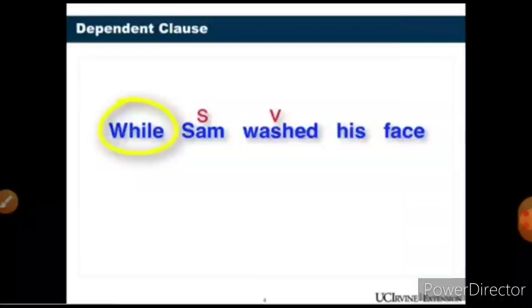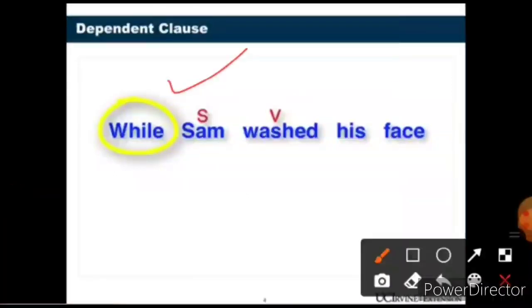While Sam washed his face, this clause is incomplete. Why? Because it needs additional information or another clause to be joined with it so that it can make a complete sentence. The subordinating conjunction while is the reason that we say this is a dependent clause.